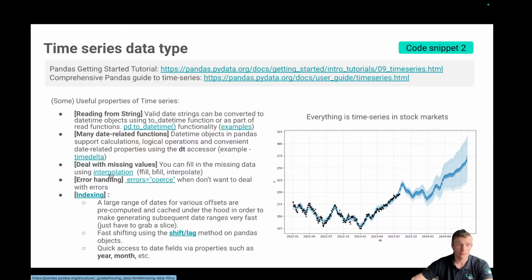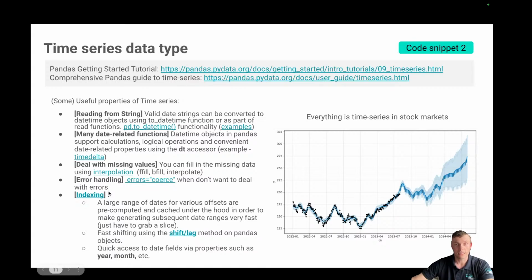You can use error handling parameters for dealing with Pandas transformations for time series or for other objects. That's regardless of time series type.